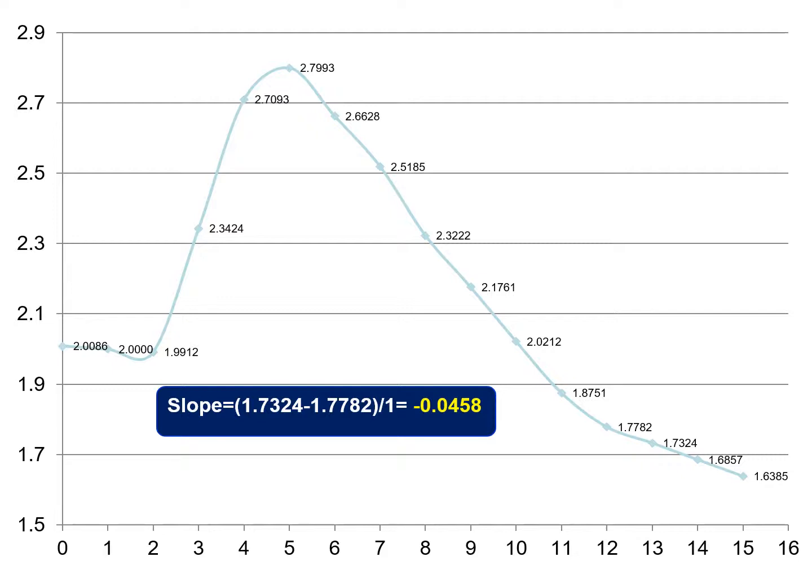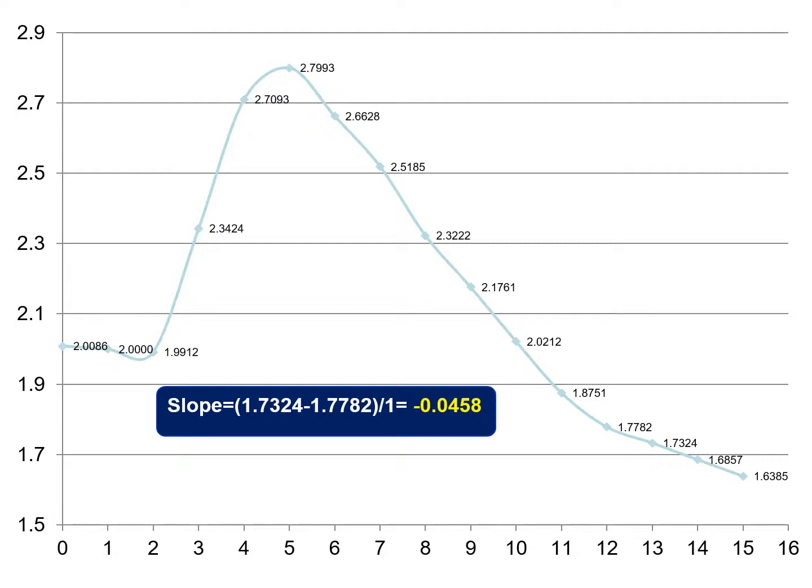The y-axis is the natural log; you can take log or natural log, either one. After you take the log, you will find these numbers, and the slope will be, as you see here, from time 12 to time 13.